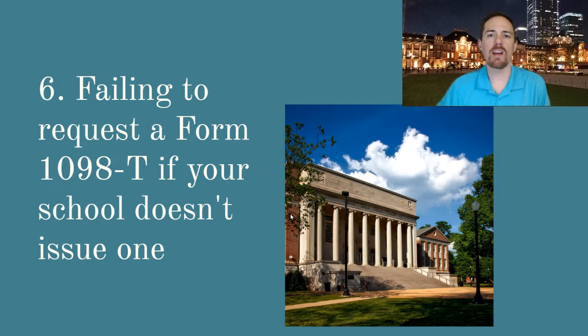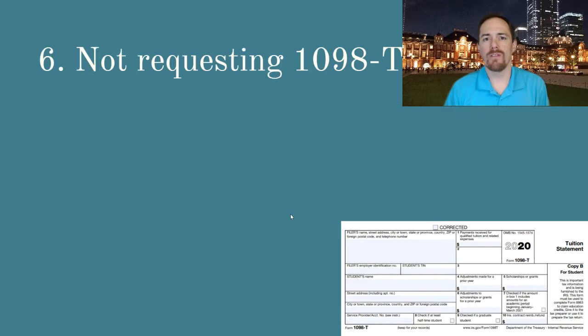And we've also already talked deeply about what the American Opportunity Tax Credit is and how many students don't claim the full amount of the credit, whether that's because they relied on their software to claim the credit and the software doesn't do it right, or whether they relied on their CPA, or whether they received scholarships or Pell Grants, or any number of reasons. But today we're specifically talking about what happens if your school doesn't give you a 1098-T and you end up not using it because of that. How can you fix that mistake and claim the thousands of dollars that you missed?